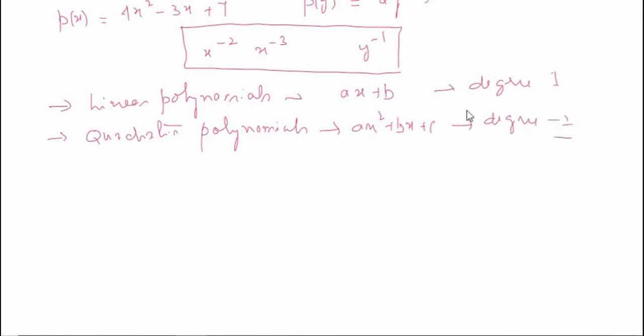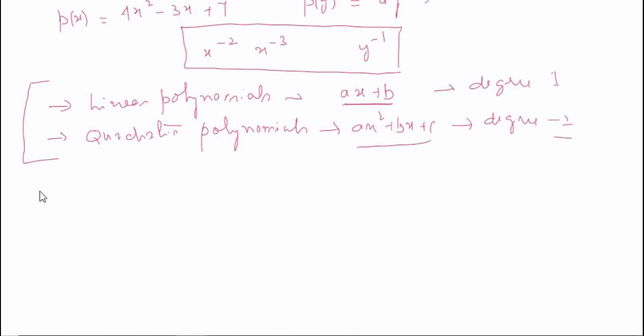We will also be discussing about degree 3, degree 4, but primarily these two. Now you know ax plus b is the standard representation for linear polynomial. Ax square plus bx plus c is the standard representation for quadratic polynomial.